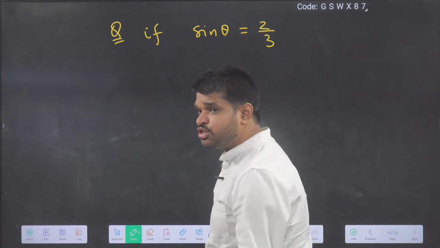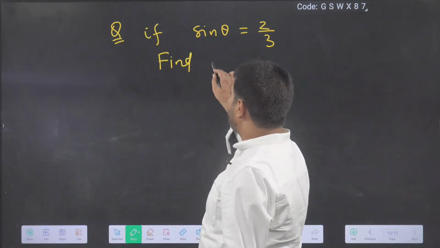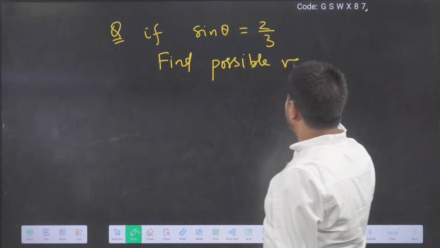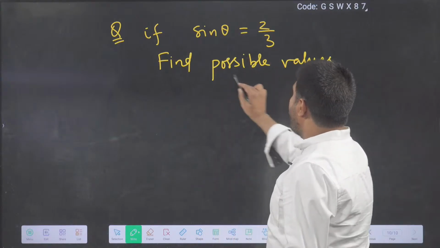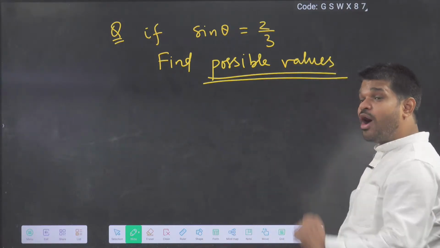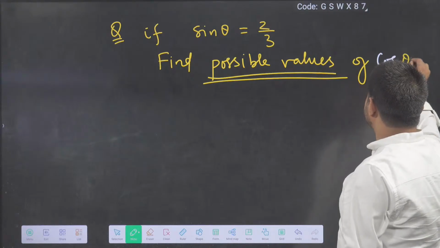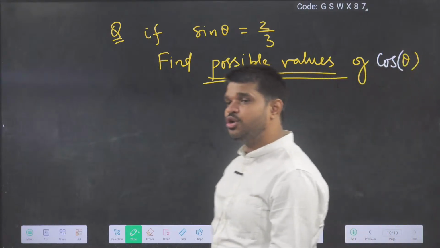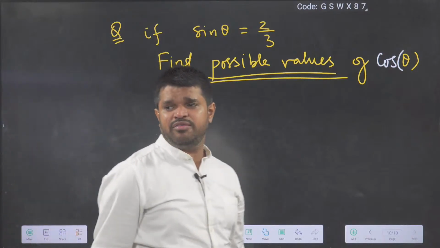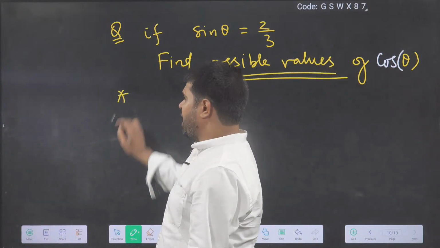If sine theta is 2 by 3, find possible values. I said possible, so rethink over it. Find possible values of cos theta. I am giving 5 minutes. I said possible values. Hint is make a triangle.